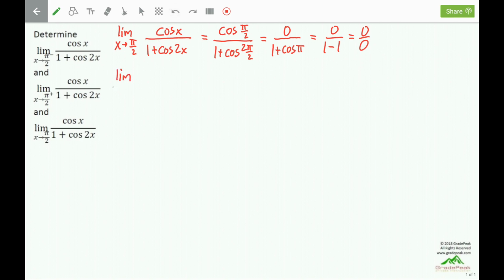This will be the limit as x approaches pi over 2 of cosine of x divided by 1 plus, and replacing cosine of 2x with 2 cosine squared x minus 1.